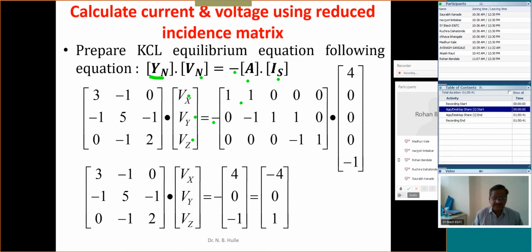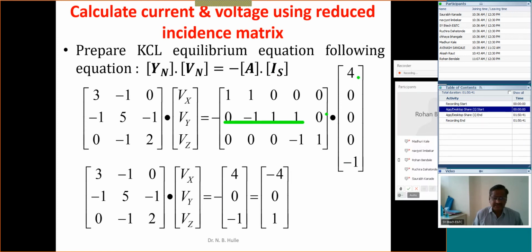We will find its multiplication. First row, first column, first element: 1 into 4 will be 4, 1 into 0 will be 0, then plus 0, plus 0, plus 0, so the value is 4.